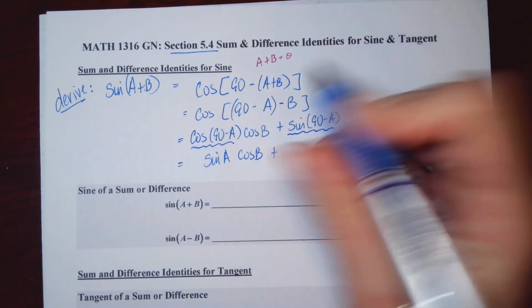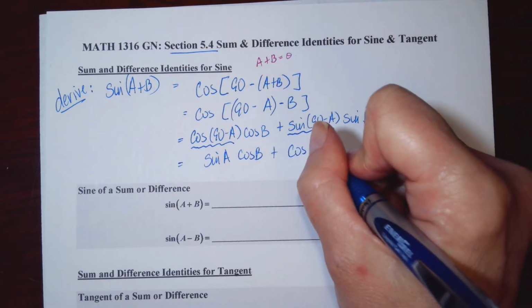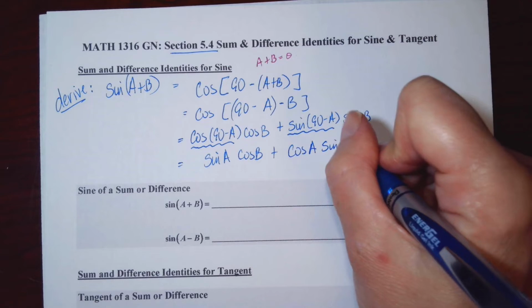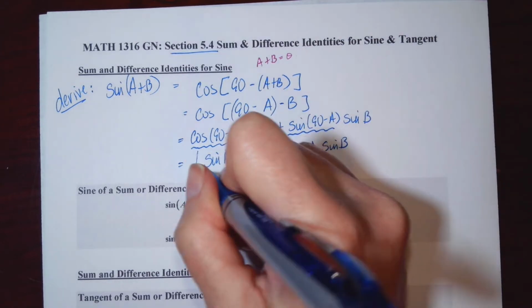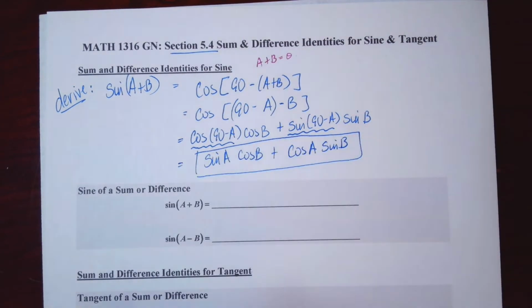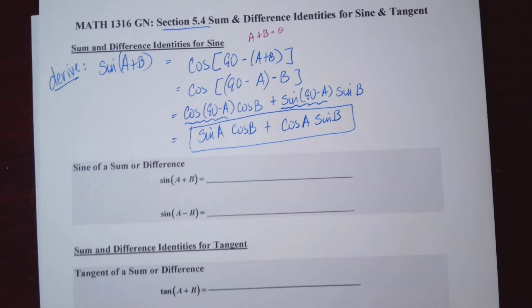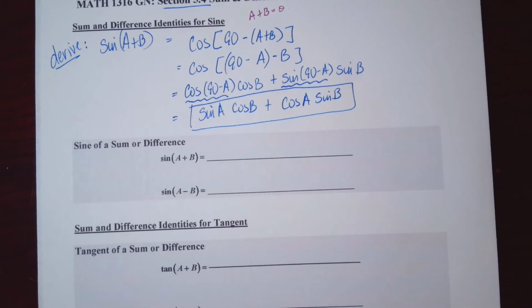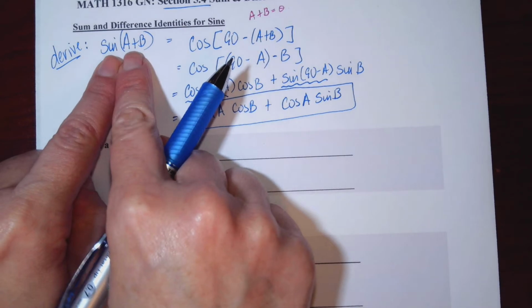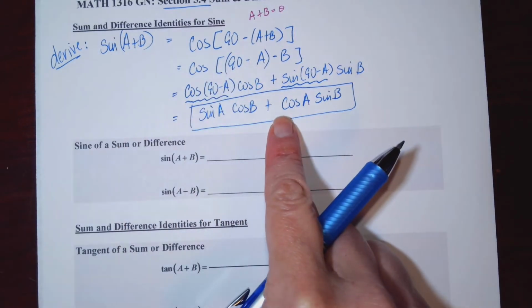Sine of 90 minus a is the same thing as cosine a. And this is our sine sum identity that we have derived. So by using things that we already know, identities that we're already comfortable with, that's how we get from here to there. We showed how to derive that.